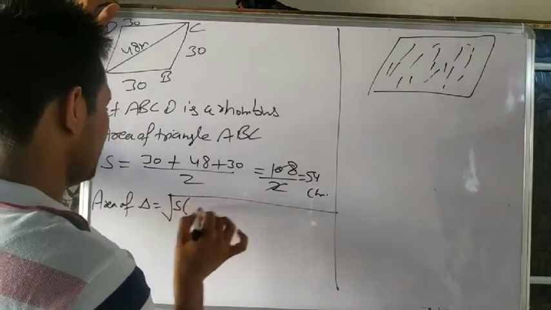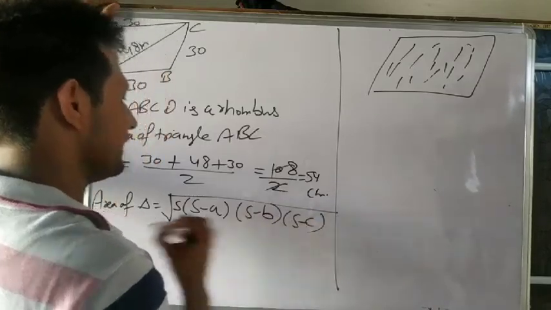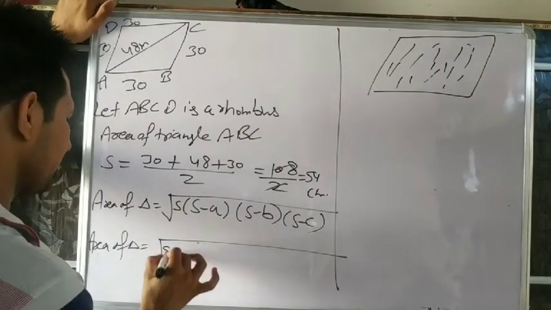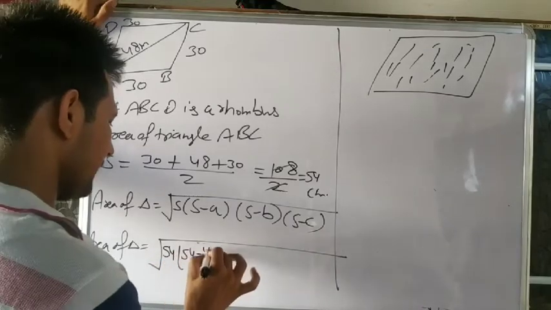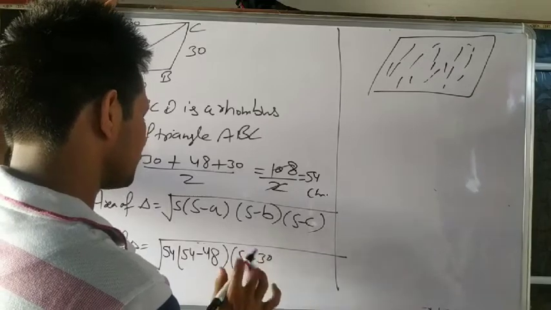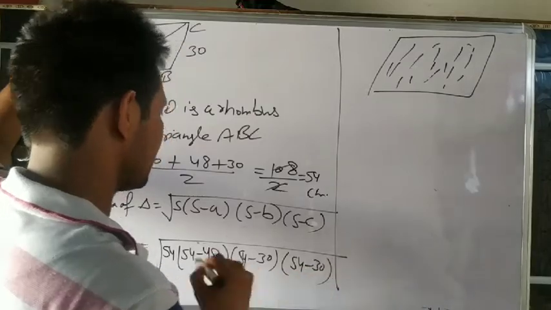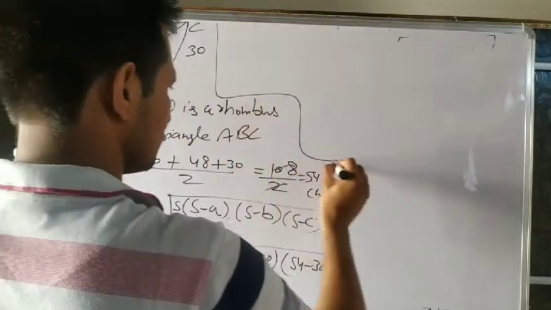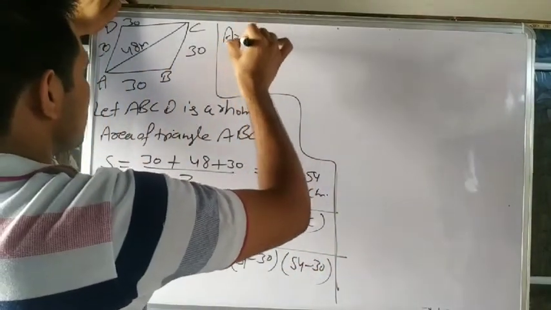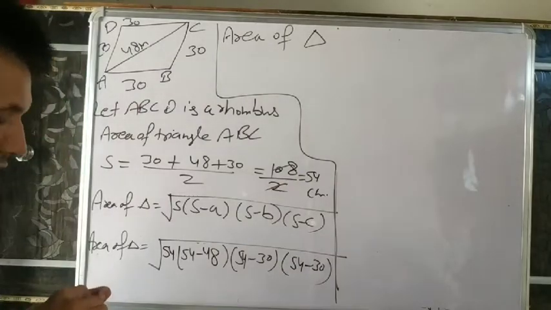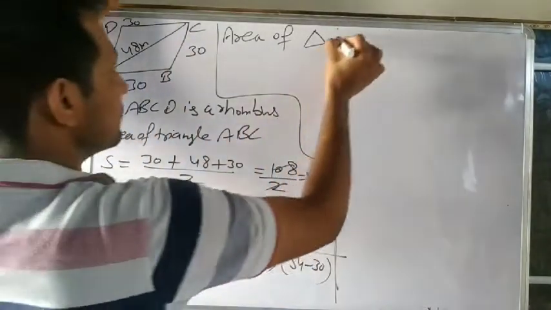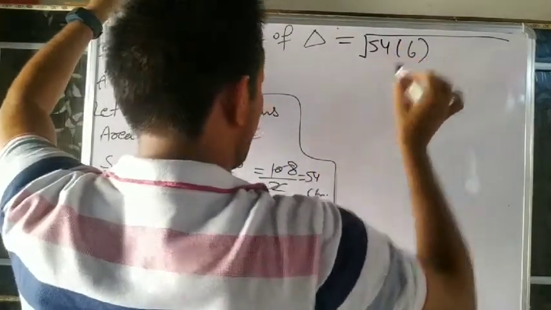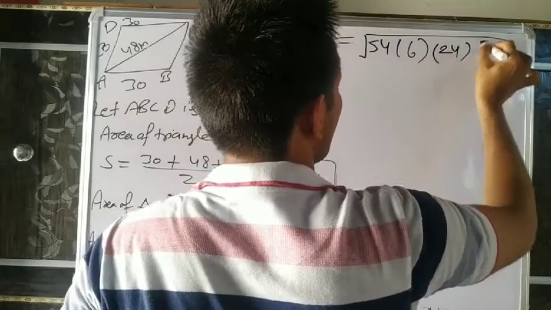So we will find the area of the triangle using Heron's formula: under the root S into S minus first side, S minus second side, S minus third side. S is 54. 54 minus 48 is 6, 54 minus 30 is 24, and 24.